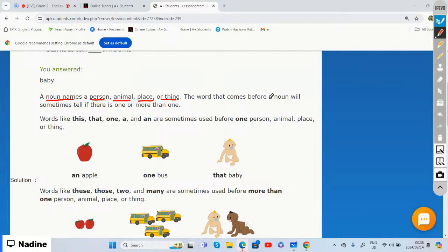And the word that comes before a noun will sometimes tell you if there is more than one or if we're referring to only one of the things that we are talking about. For example, an apple, one bus, that baby. Because we can use words like this, that, one, a, and that is to show that we are referring to one person, one animal, one place, or one thing.